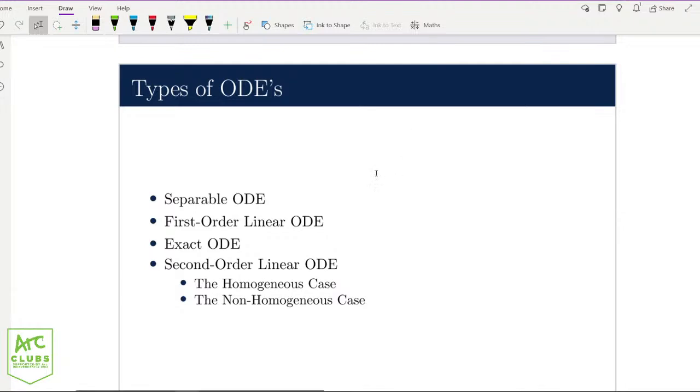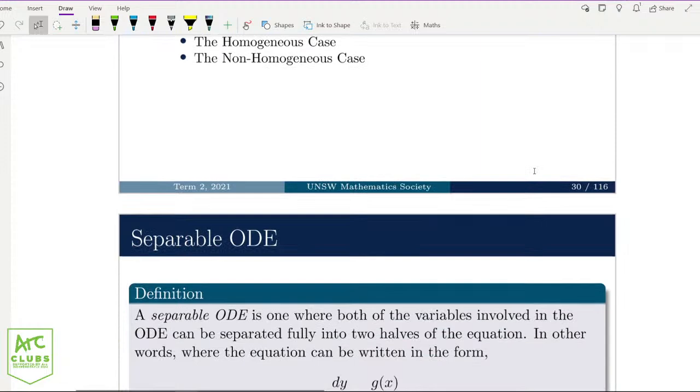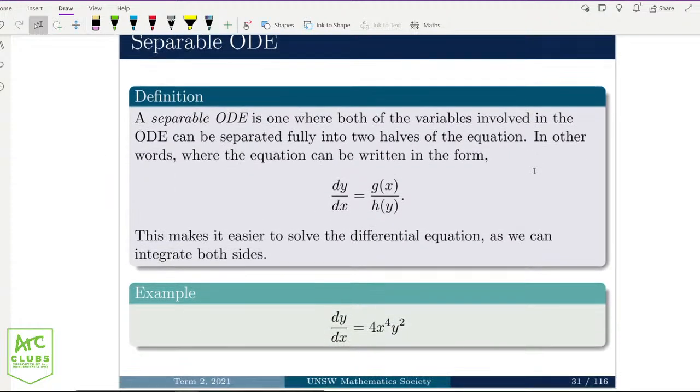So starting off with separable ODEs, essentially a separable ODE is where both of the variables involved can be separated fully into two halves of the equation. So in other words, it can be written in the form of this. Usually separable ODEs are the easiest type of ODE to solve.